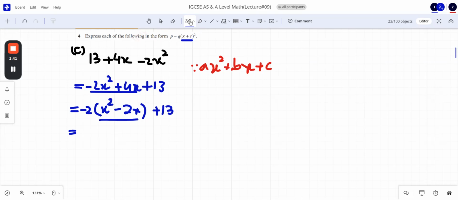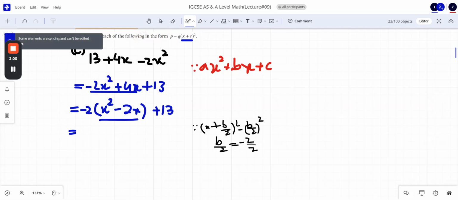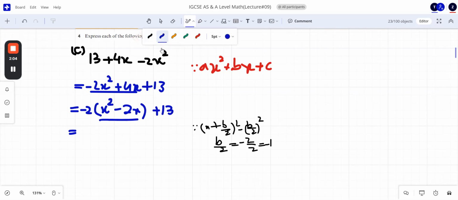So for completing square we have x plus b by 2 whole square, then minus b by 2 whole square. Now b by 2 is equal to minus 2 by 2, which is equal to minus 1. So let's substitute the formula here in parentheses.